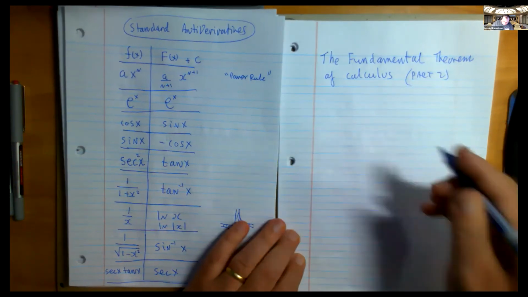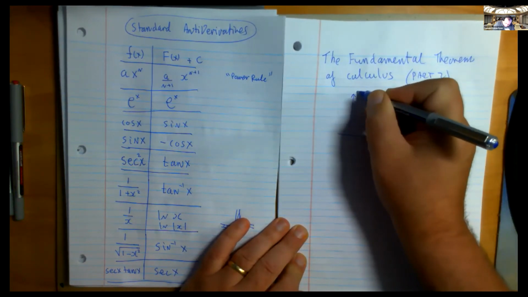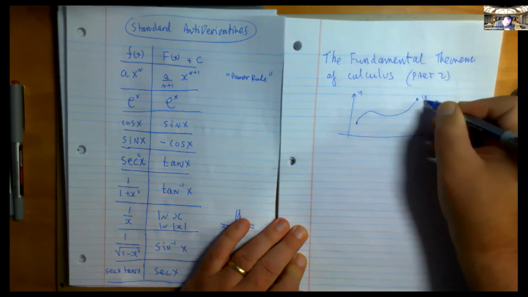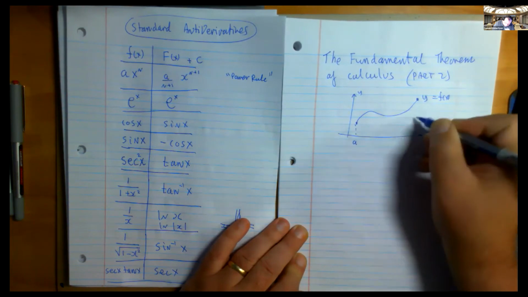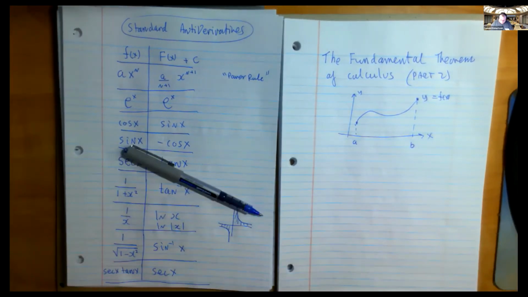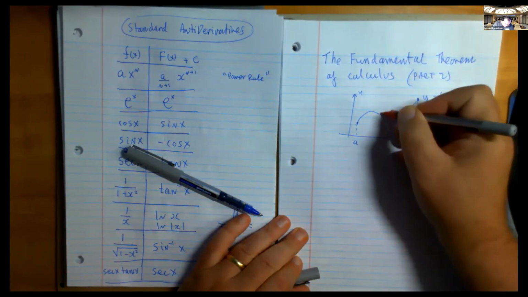What does it say? Well, imagine that you wanted to find the area under a curve y equals f of x from x equals a to x equals b. And you don't want an estimate, you want the exact answer for the area under this curve.